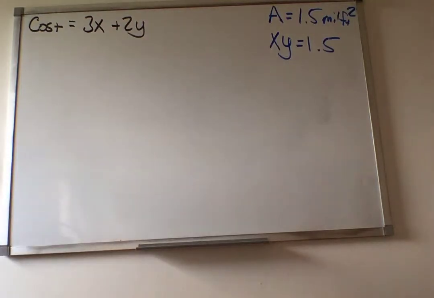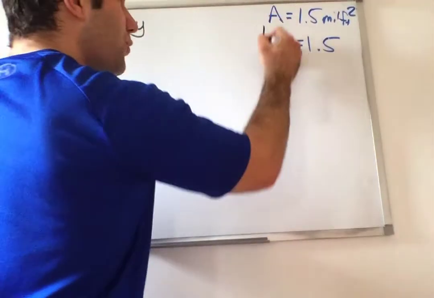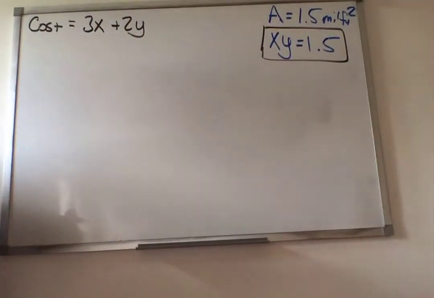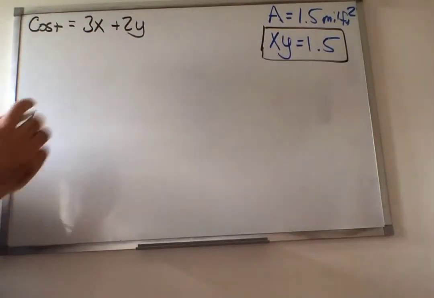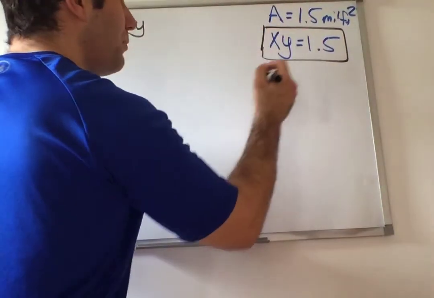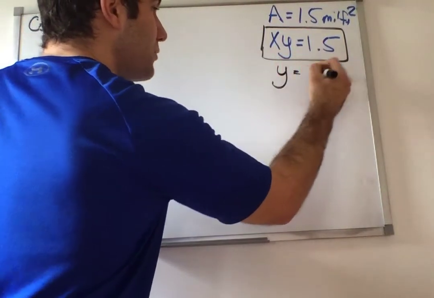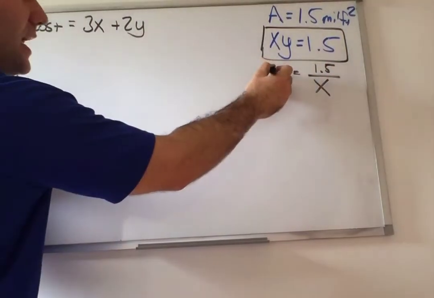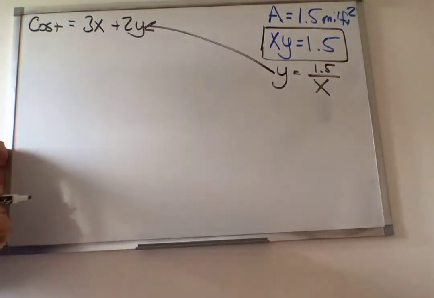How we're going to do that is we've got another equation that we can use. What I'm going to do is I'm going to solve for y. If I just divide both sides by x, I get y is equal to 1.5 divided by x. I'm going to take this, I'm going to plug it in right there.